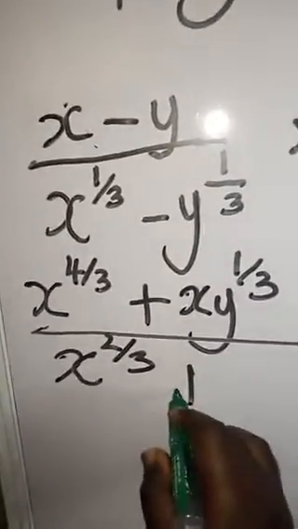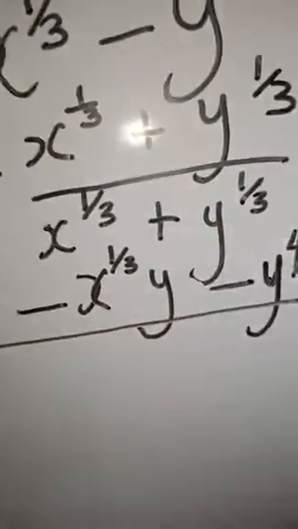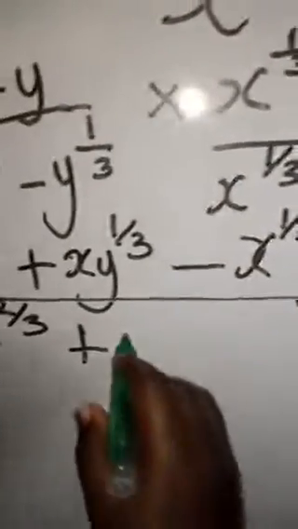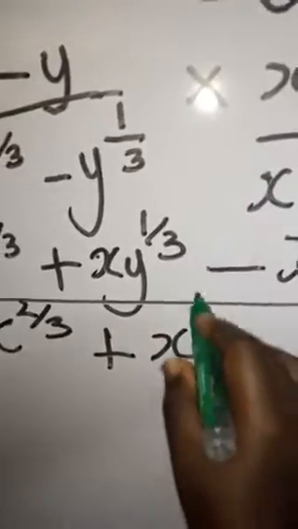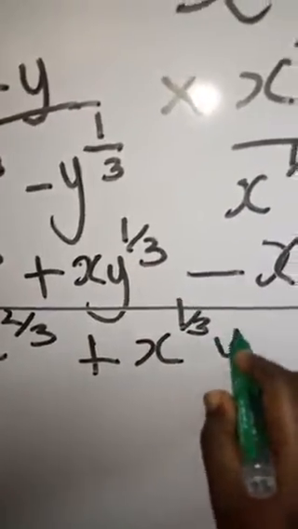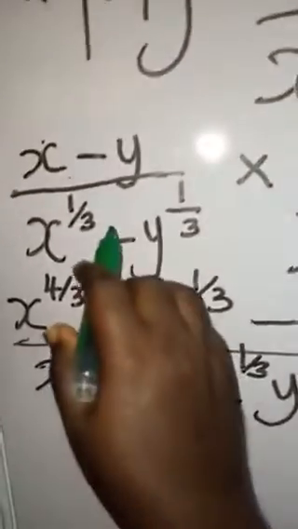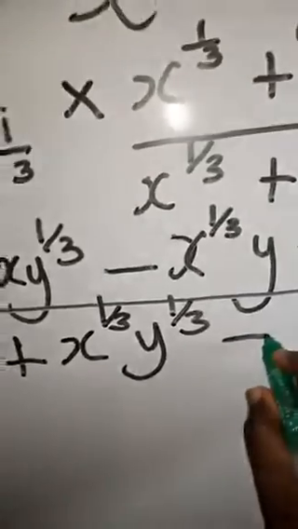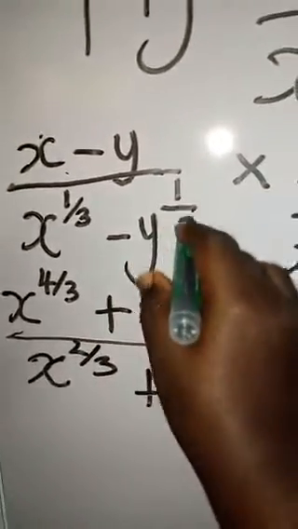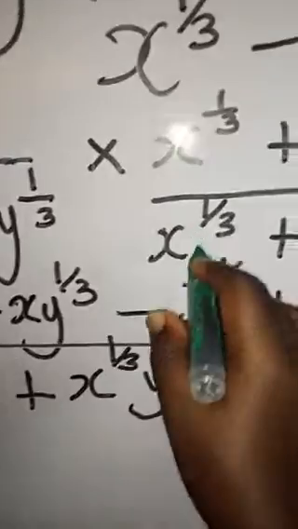Then plus this x raised to power 1 over 3 will multiply y raised to power 1 over 3 as well. And the result is x raised to power 1 over 3, y raised to power 1 over 3. Now you want to use this. So minus times plus, that is minus. Y raised to power 1 over 3 times x raised to power 1 over 3.